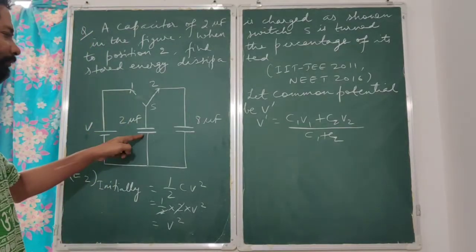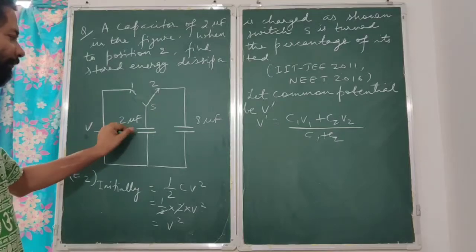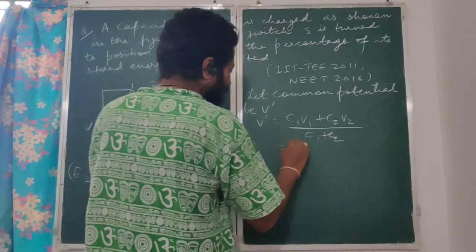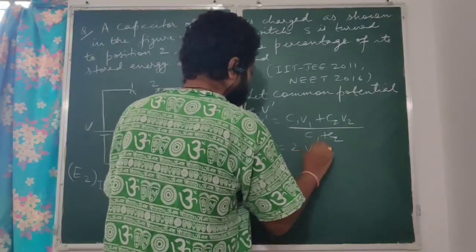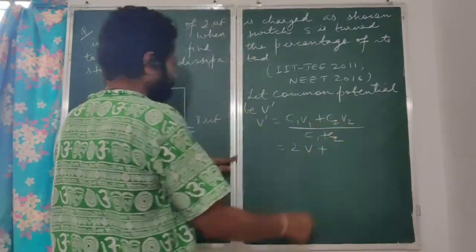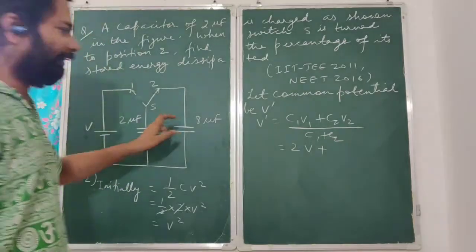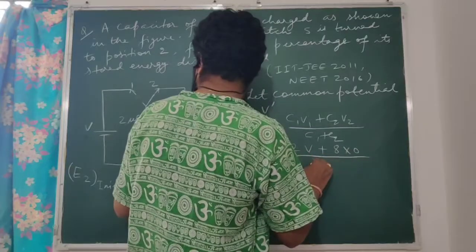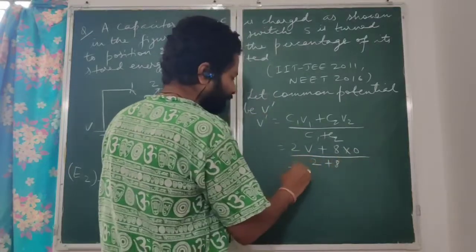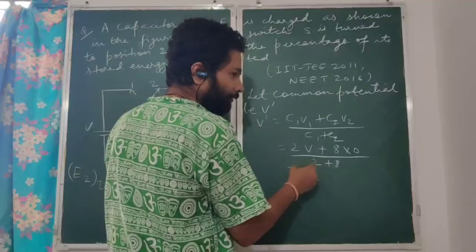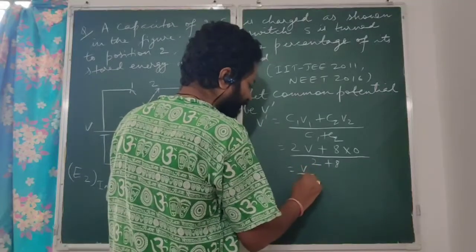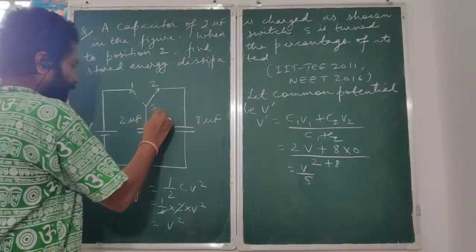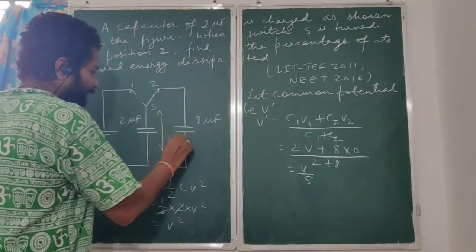It will be C into whatever potential was across this 2 microfarad capacitor, so we can write it as 2 into V. Here nothing was there initially, so 8 into 0, divided by 2 plus 8. So how much is this? 2V by 10. So that is V by 5. So now the common potential across both of them becomes V by 5.